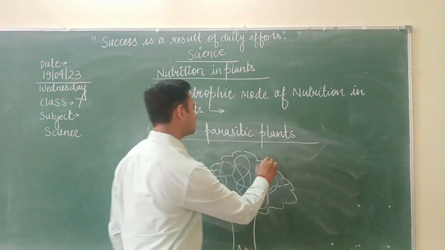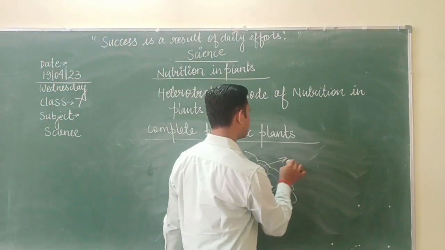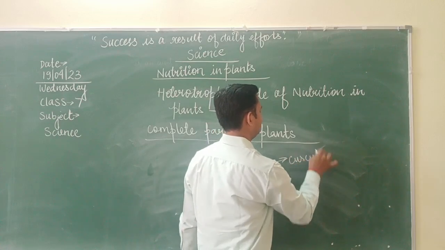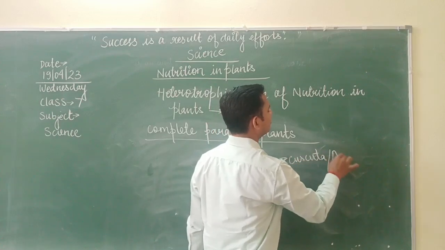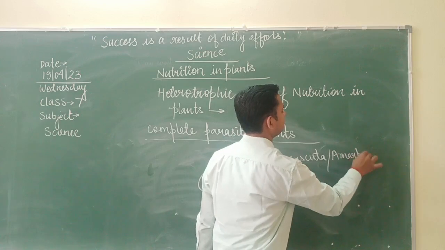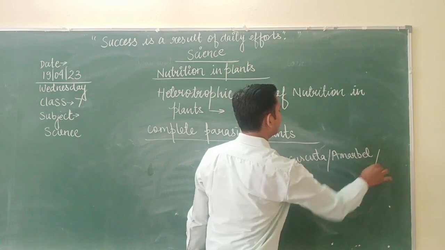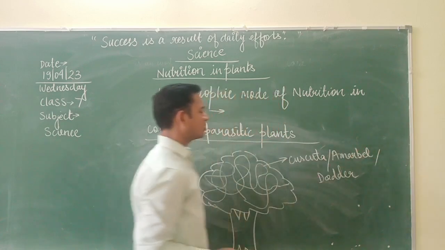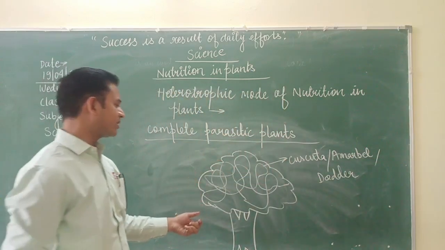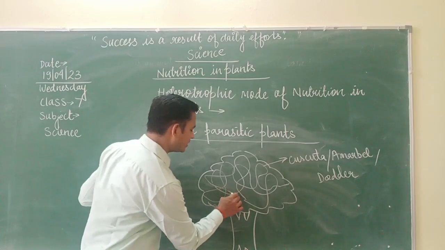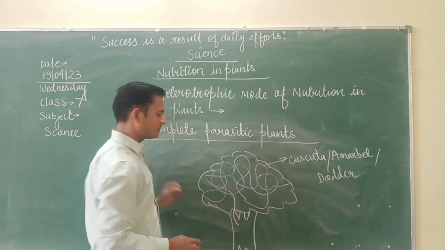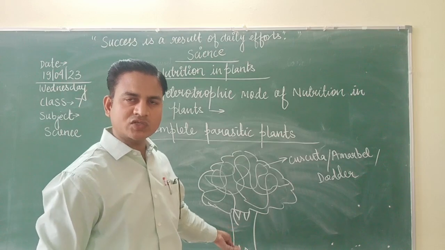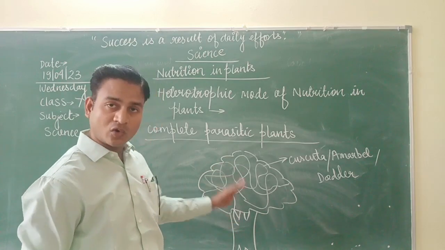So this is the Cuscuta. You can also call it Amarbale, or you can also call it Dodder. So Cuscuta, Amarbale or Dodder, what it is doing, it will derive water plus minerals also from the host tree.